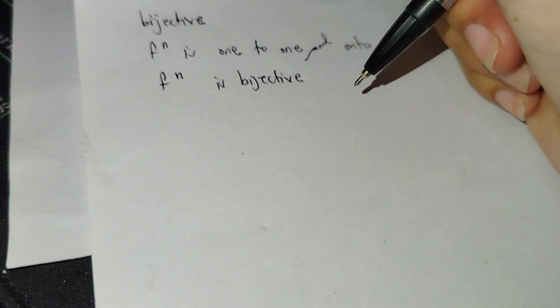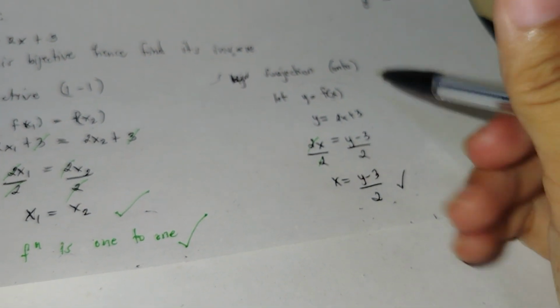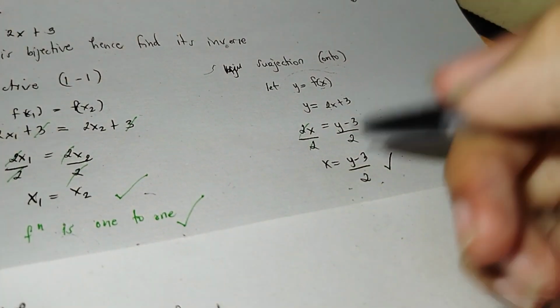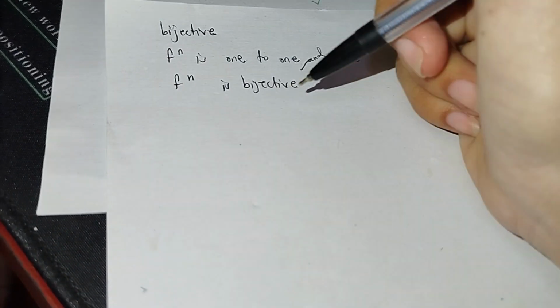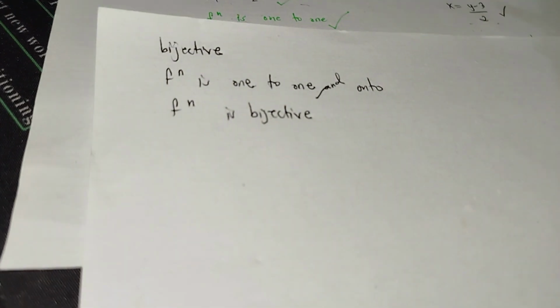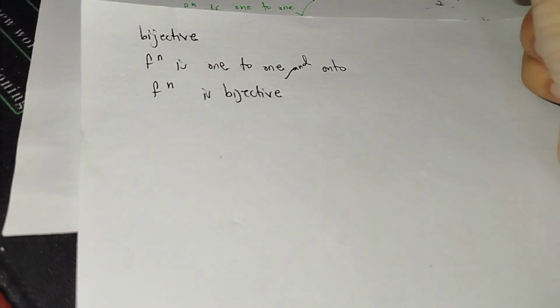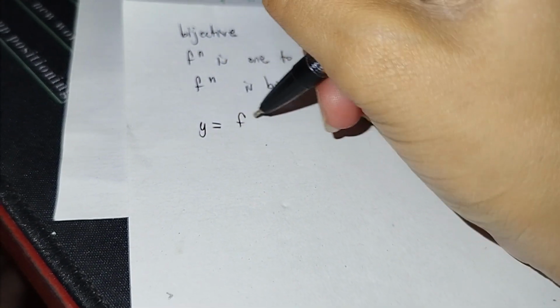As I said earlier, through the process of surjection we automatically get the inverse of a function. So the inverse we were looking for earlier, as stated in 'hence find its inverse,' is also the answer in the surjection, because we unintentionally obtained the inverse. Let's rewrite y is equal to f of x.